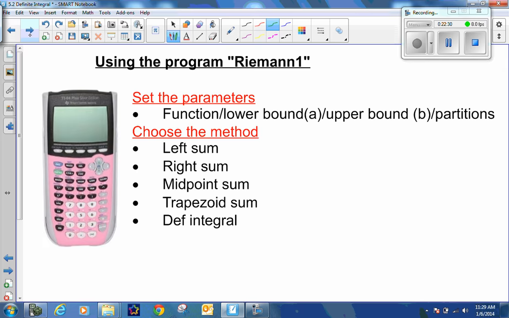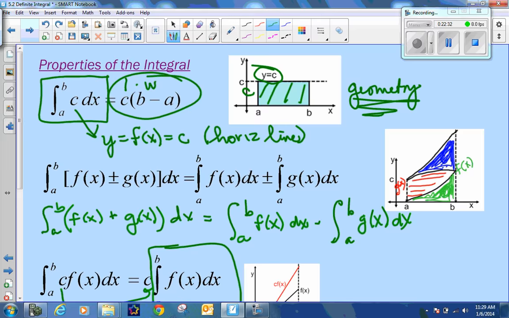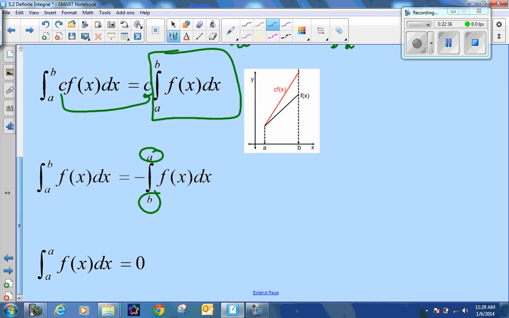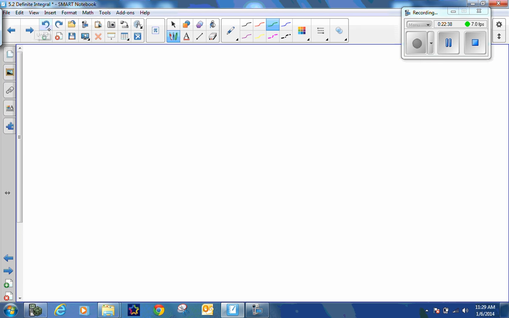Okay, let's look at some examples here. I'm not going to show you this program yet, so let me pull up some examples. Example, let's look at number 9 on page 354.